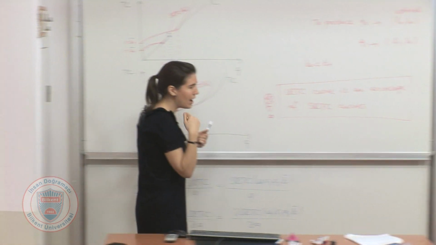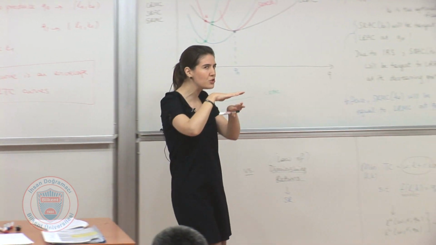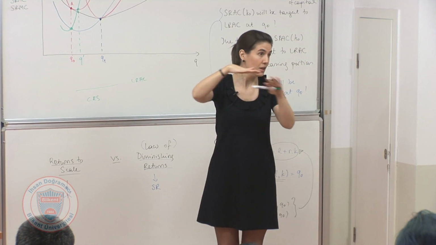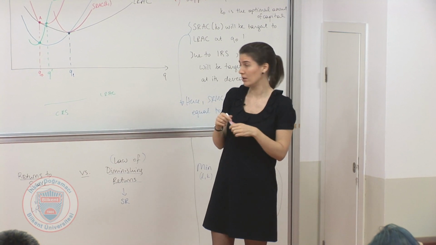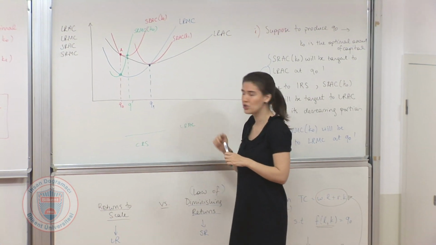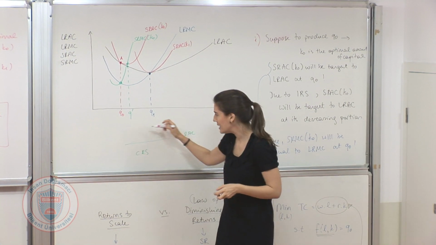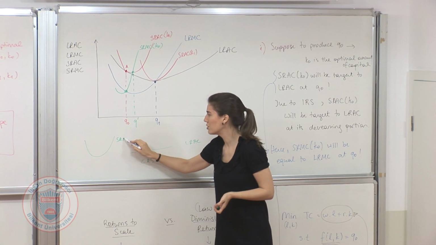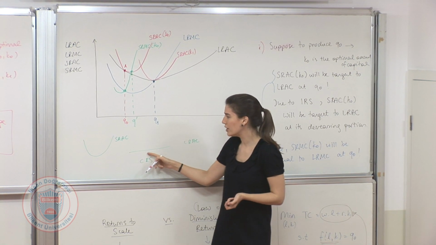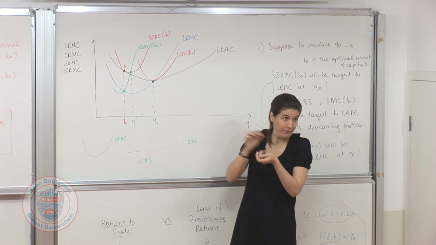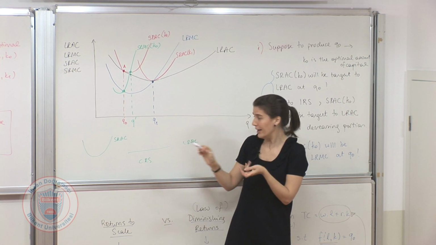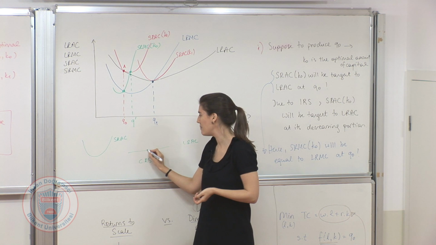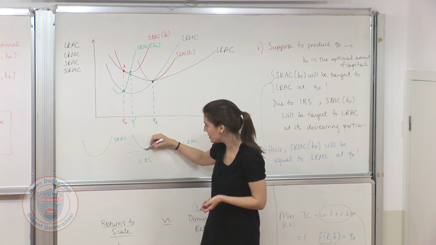If I have constant returns to scale, which means a flat long-run average cost curve, and a short-run average cost curve like this touches it, it has to touch it at its minimum.